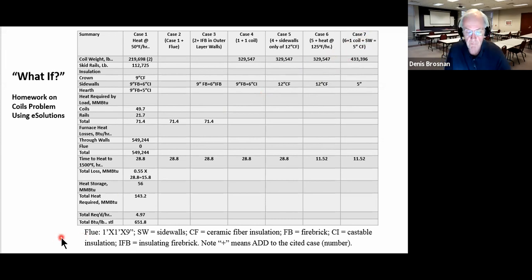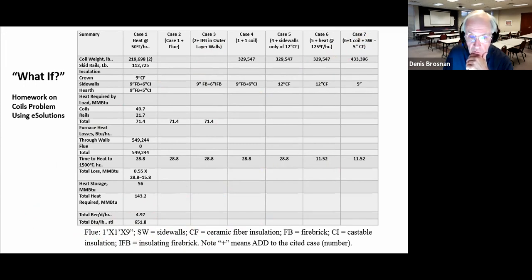So you can see that what we're doing is playing around with the refractory lining, the insulation in the furnace. There's a little key here that tells you about the dimensions of the flue. You're going to need that to do the problem, and some of the terminology that I used up in the table. And of course, the plus sign means I'm adding something new to a previous condition.